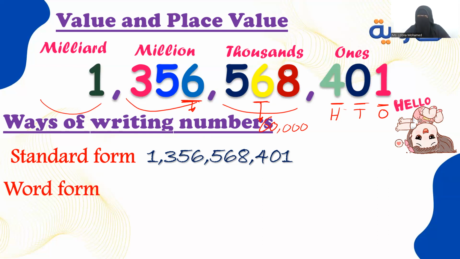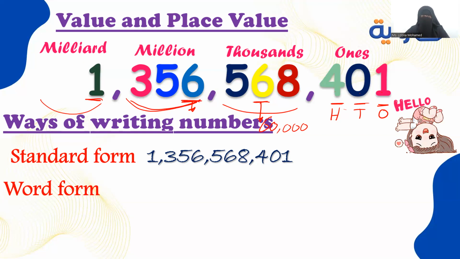If I want to read the number, you have to separate each three digits together like this: 1, 2, 3, and put a comma. 1, 2, 3, put a comma like this. After this, we start to read it from the left. So 1, in which family here? It's in milliard. So we can say 1 milliard. After this, the next group. In the next group, we have 356, what?